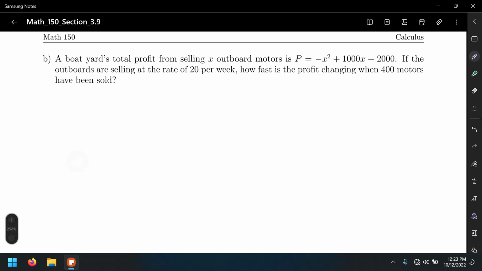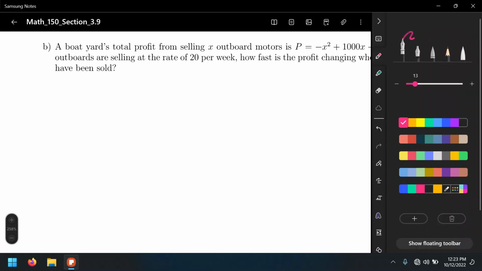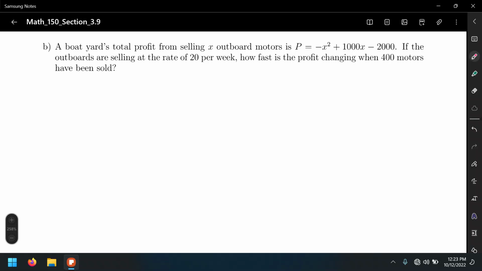All right, so this one, let's identify the information. In this case, rates. So they're giving us dx/dt, the number of outboards sold per week, right?